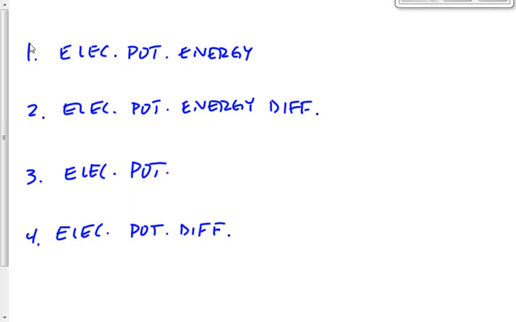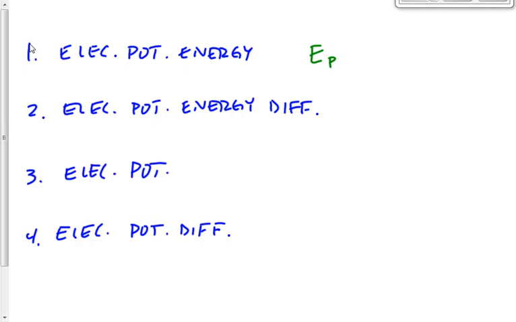Does anybody know the symbol for electric potential energy? This one's easy, right? You got to get this one. EP, right? It's the same as the symbol for gravitational potential energy. Now the second definition, this is the easiest one in the world. The electric potential energy difference is going to be the difference between 2 electric potential energies.